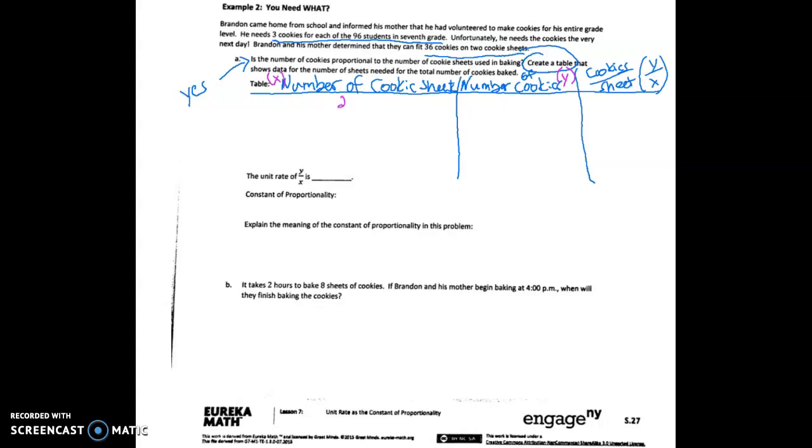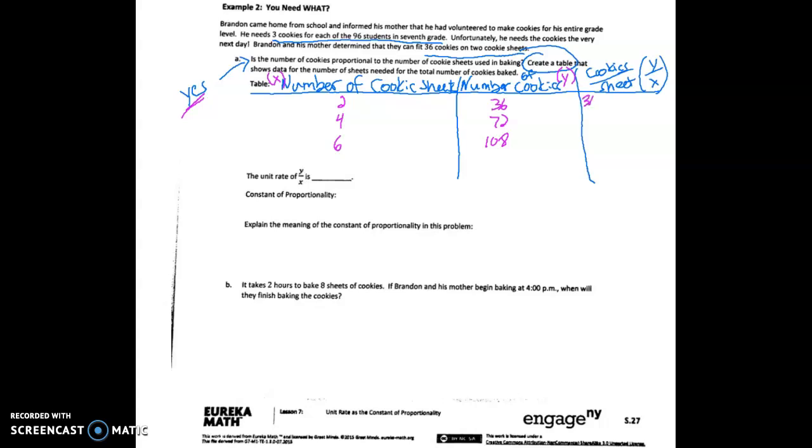If I have 2 cookie sheets, that's 36 cookies. If I double 2 cookie sheets to 4 cookie sheets, then I'm going to double 36 to 72. Let's say I triple 2 cookie sheets to 6. I'm going to triple 36, which if you did that on a calculator, you get 108. And remember, we said this was proportional, so I anticipate my unit rate or my constant, both, are going to be the same.